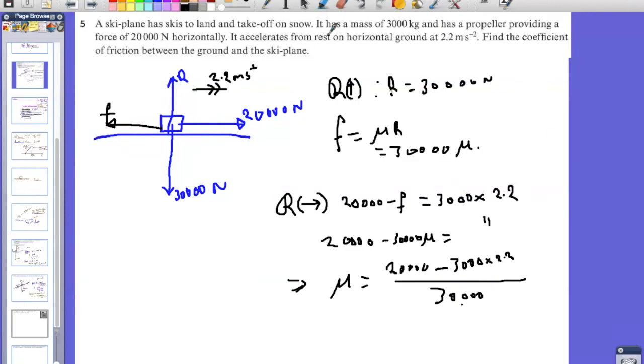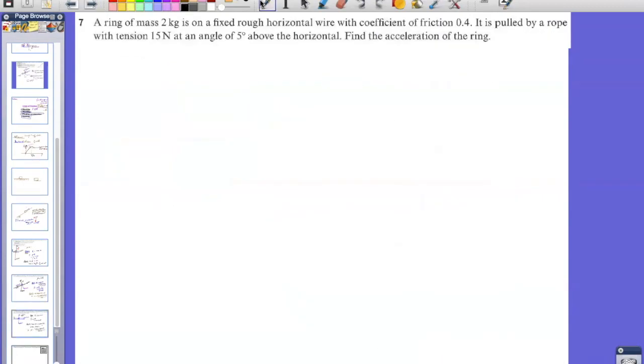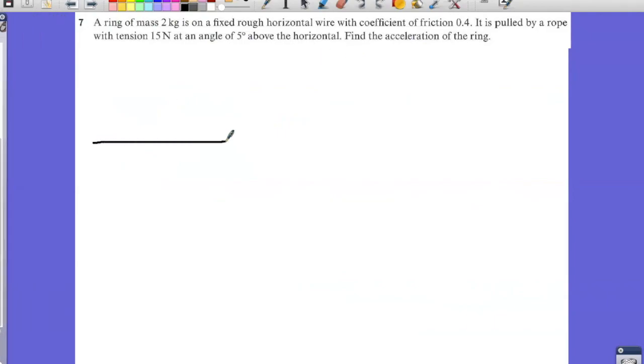Is there anything new on this problem? No. We have less than 1 minute to go, and I don't think there is anything new on question number 7. All that we know is that there is a ring and there is a force. This force is applied at an angle.